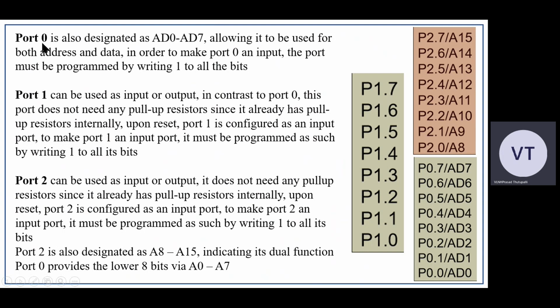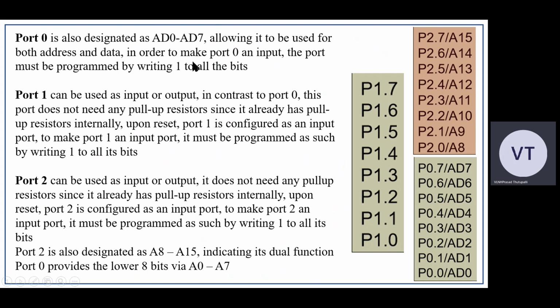In the sense, apart from working like input output ports, port 0 works like lower order address bus as well as data bus. AD0 means lower order address bus. AD0 to AD7 is lower order address bus. The same bus works like data bus also, allowing it to be used for both address and data.